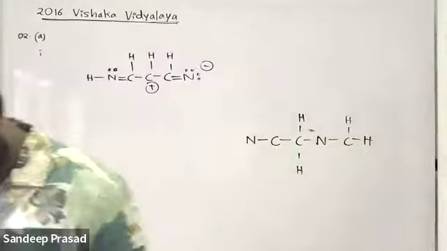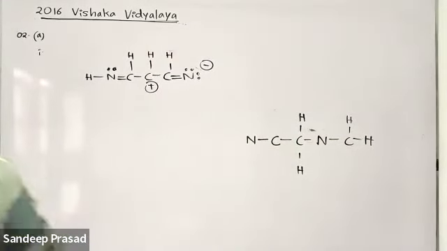Cut the skeleton that they have given and draw this. So the skeleton that they have given is wrong. Now try to draw the Lewis structure for this one.